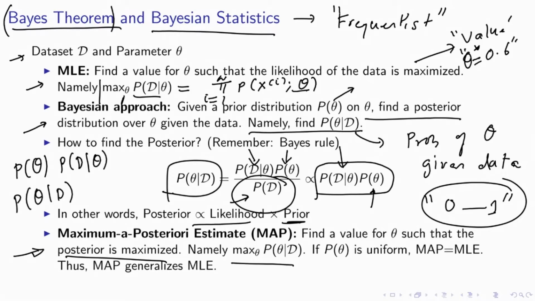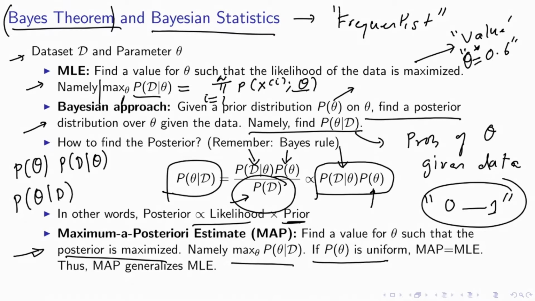One way of looking at the MAP estimate is that it generalizes the MLE, or the maximum likelihood estimate. How? If we assume that P of theta is the uniform distribution, then since posterior is likelihood times the prior, and the prior is the uniform distribution, then posterior will be directly proportional to the likelihood. Since posterior is proportional to the likelihood, maximizing the posterior will be the same as maximizing the likelihood.